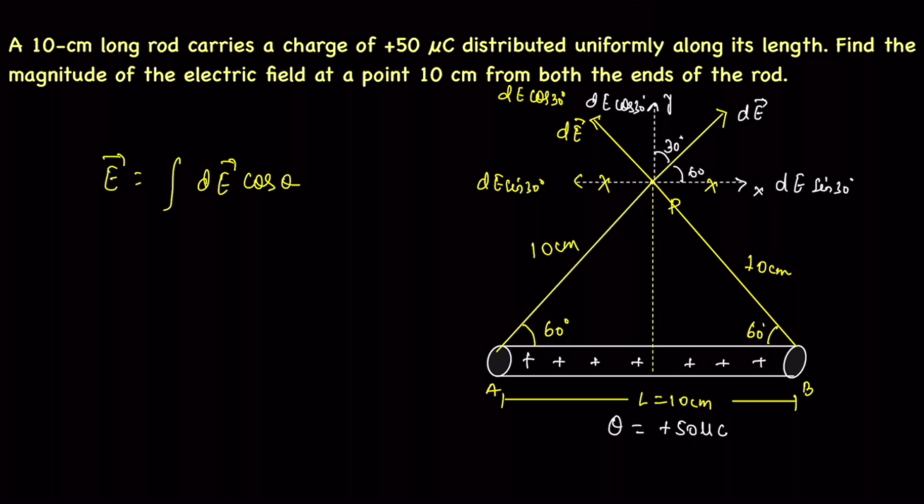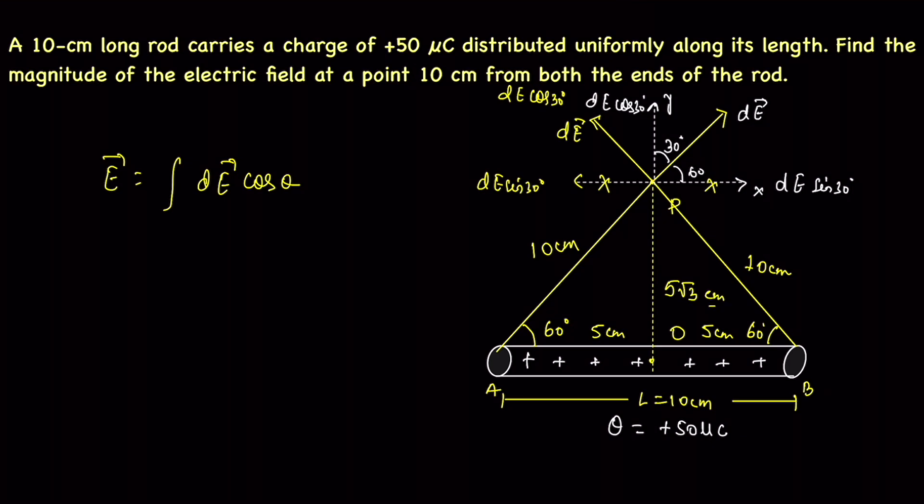Here we name the center of the rod O. So the length of AO is 5 centimeter and OB is 5 centimeter. What is the length of OP? It will become 5 root 3 centimeter.